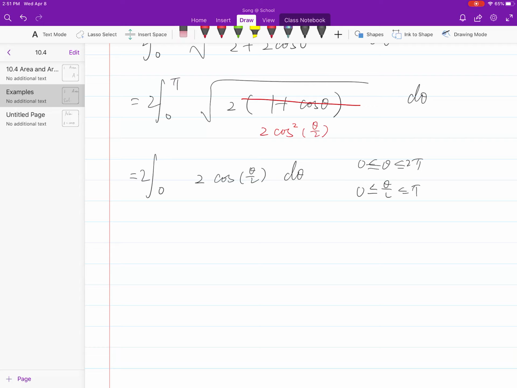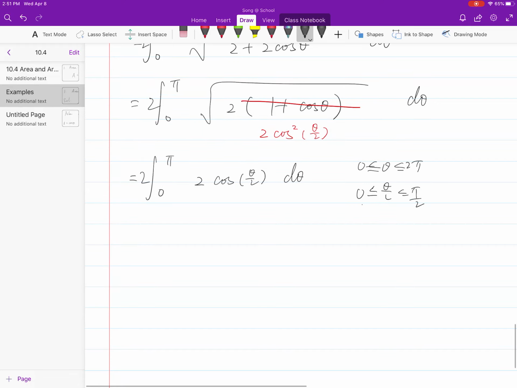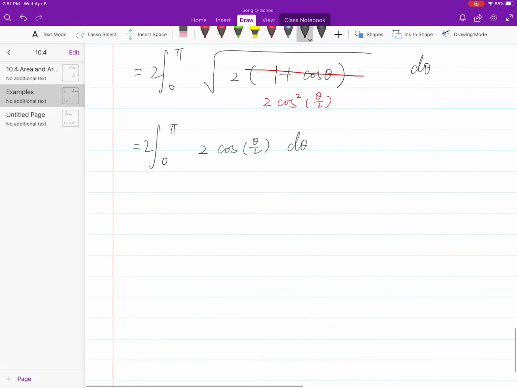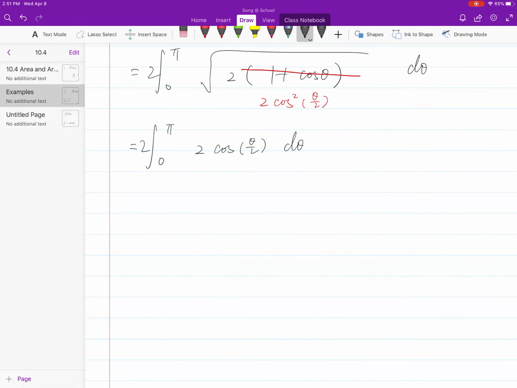Now, because you did 0 to pi, that means your theta over 2 is actually from 0 to pi over 2. Then it's safe for you to keep cosine positive all the time. Otherwise you should have a plus or minus. But worst case, you split them into 2 intervals. Not too bad.